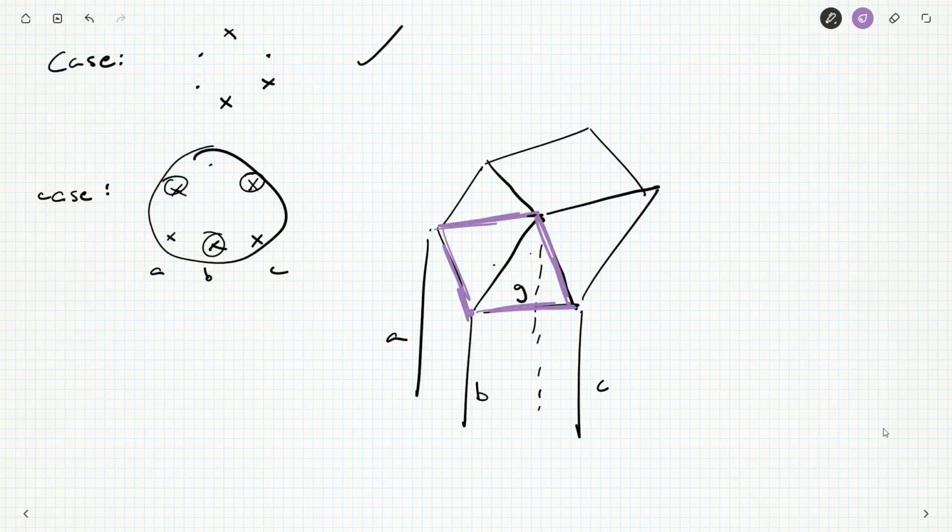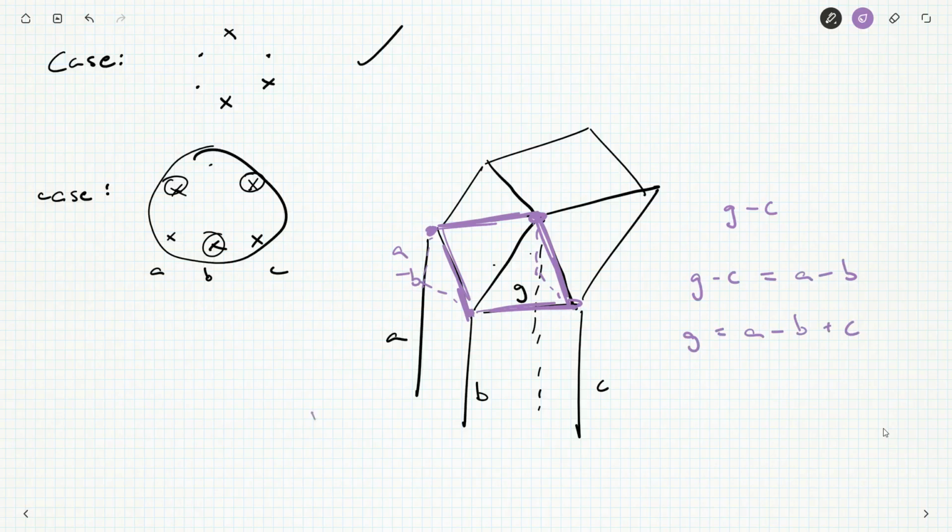So going from B up to A is the same as going from C up to G. So G minus C, the difference in height there as a trapezoid, is the same as the difference in height here as a trapezoid because these things are parallel. So G minus C is A minus B, so then G is A minus B plus C. So that's if the three of them are different.